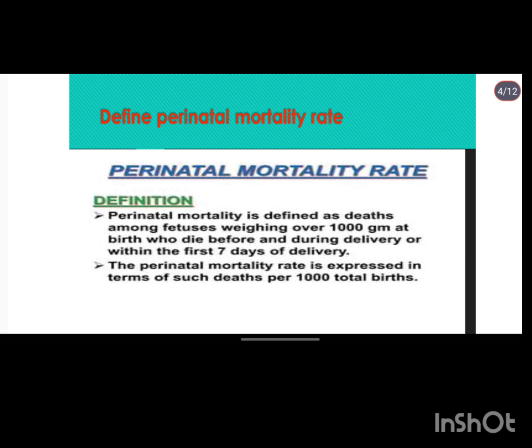It is considered a perinatal death if the fetus weighs over 1000 grams and dies during delivery or within the first 7 days of delivery. We consider that as the perinatal mortality rate, and it is also expressed per 1000 total births.